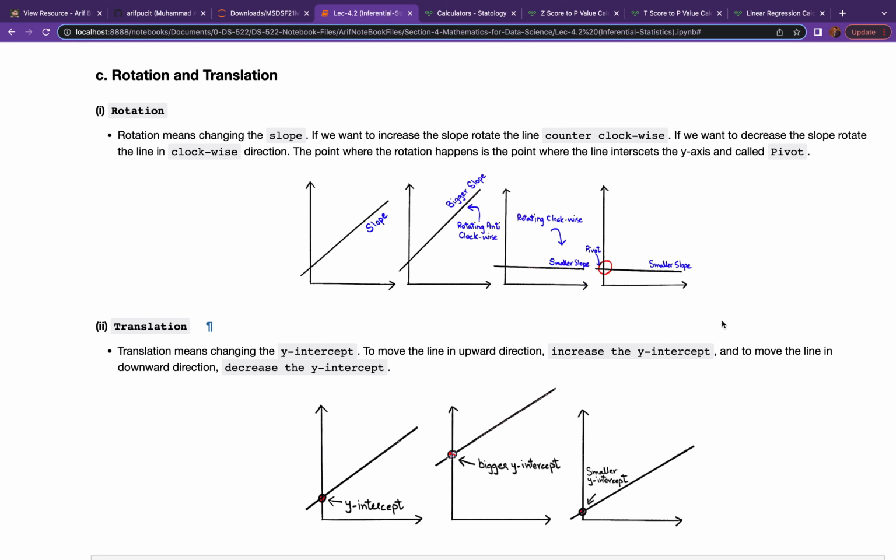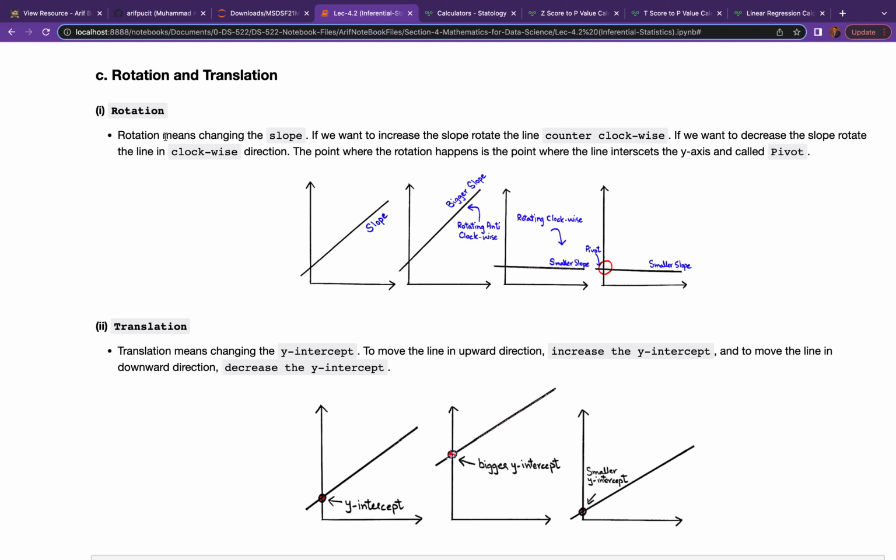These two concepts are known as rotation and translation. The rotation can be in two directions, clockwise and anti-clockwise. If we want to increase the slope, we move in the counterclockwise direction, and if we want to decrease the slope, we move in the clockwise direction, and we keep the pivot at the same place.